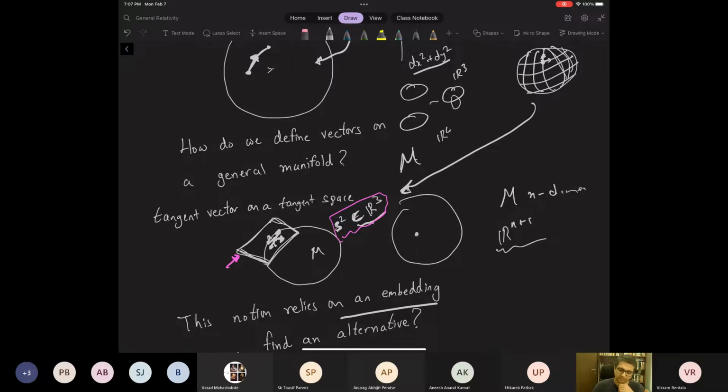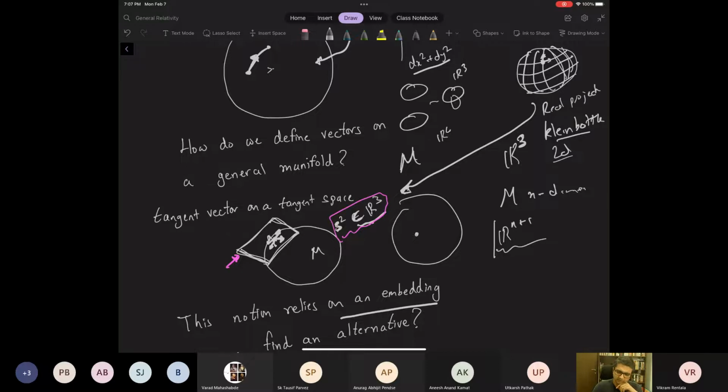For example, there are 2-dimensional spaces that cannot be smoothly embedded inside R^3. Those are slightly more exotic examples, but we won't do them right now. There's something called a Klein bottle, and so on. These are 2D surfaces that cannot be embedded inside 3 dimensions. And there's something called the real projective plane.